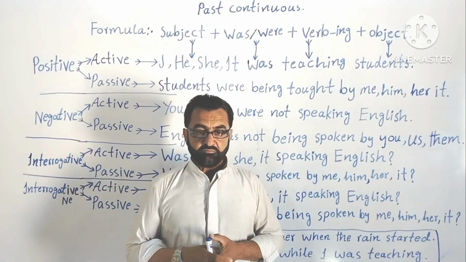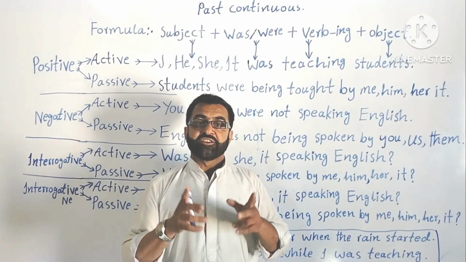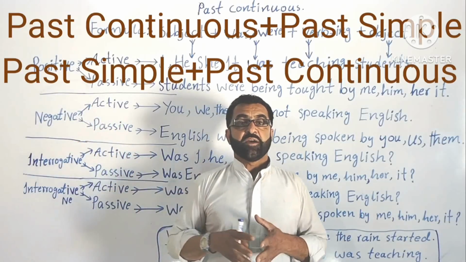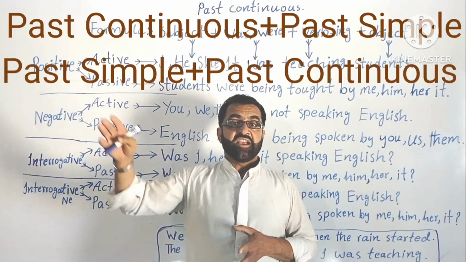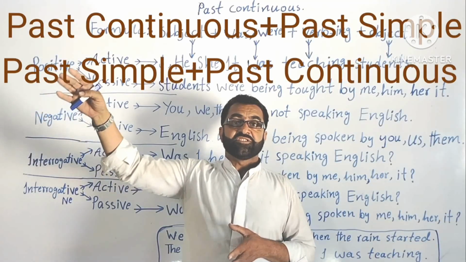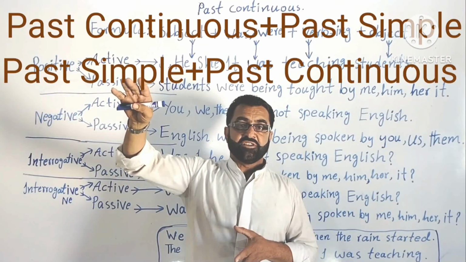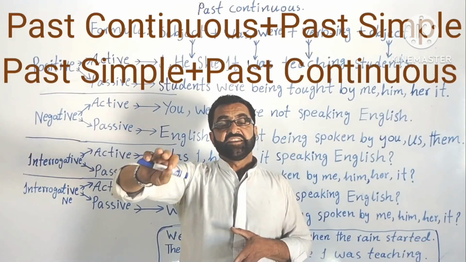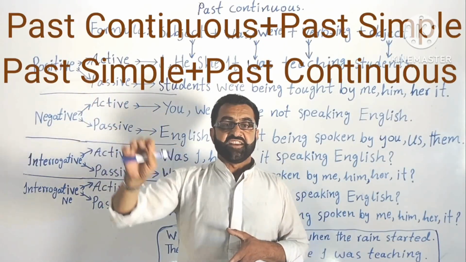Understood? Now here I would like to tell you one thing: in the past, sometimes you start an action, and that action continues for a specific time, then it ends. That is called past continuous.